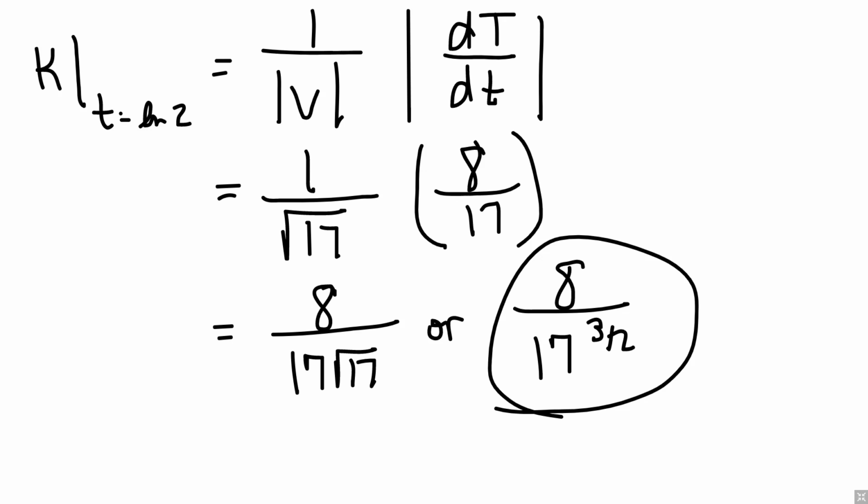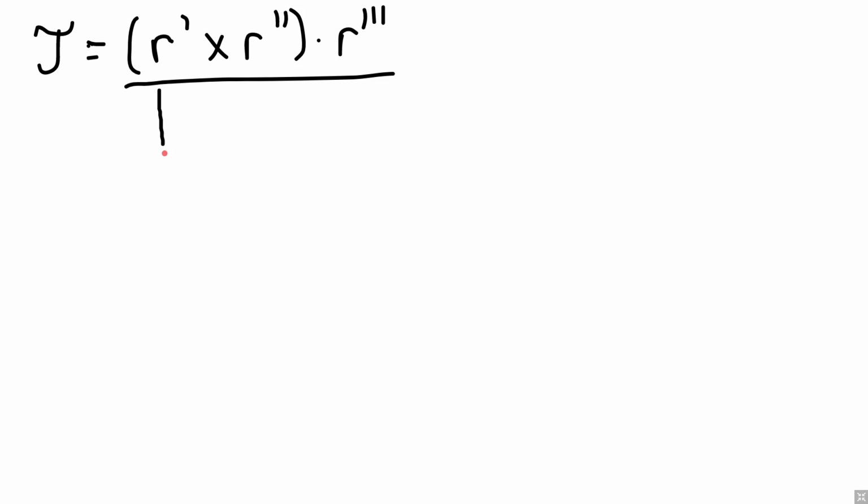Okay, so the last thing we're going to take a look at is the torsion. For the torsion, our formula is r prime crossed with r double prime, dotted with r triple prime, divided by the magnitude of r prime cross r double prime, squared.